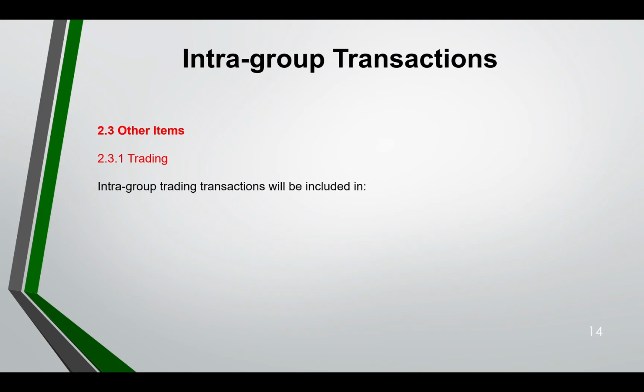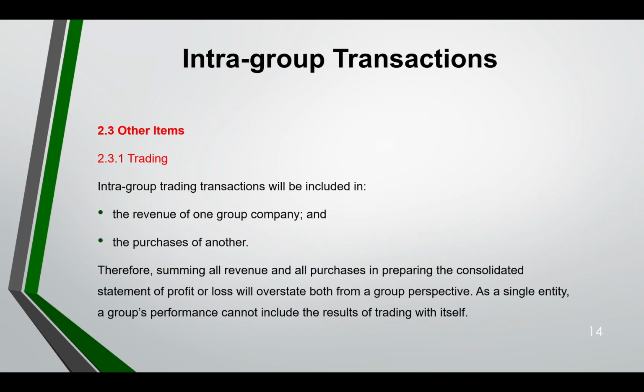Other items. First, trading. Any intra-group trading transaction will be included in revenue of one group member and purchase of another. So what happens? If you are summing all the revenue and the purchases in preparing the consolidated statement of profit and loss, it will overstate both from a group perspective. So since the group is a single entity, you cannot include any intragroup trading.